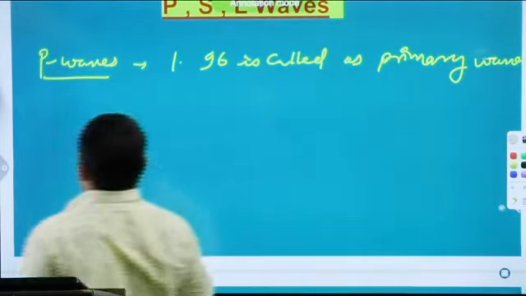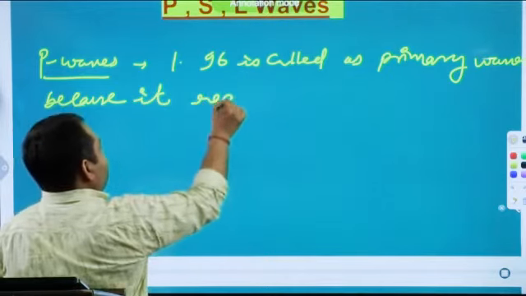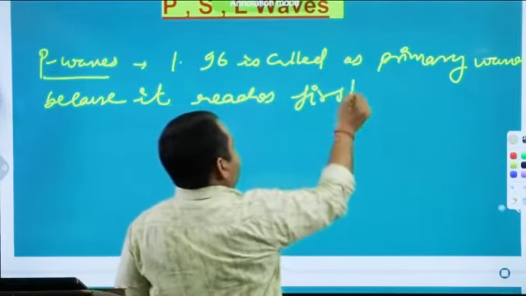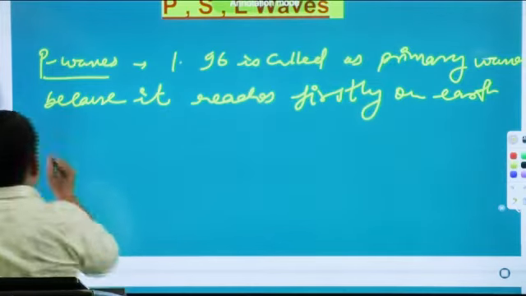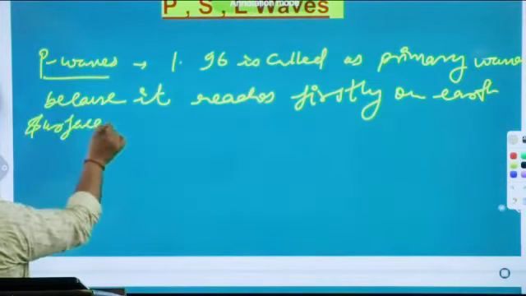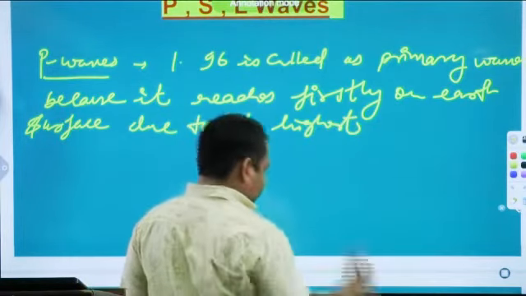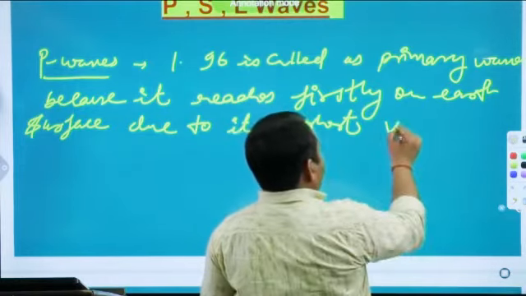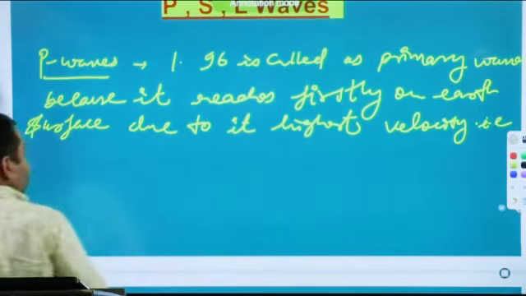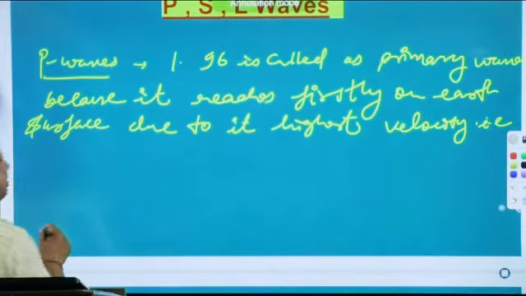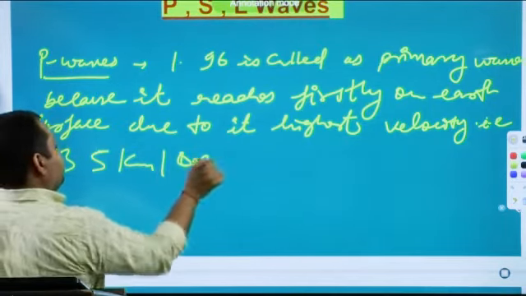primary waves, because it reaches the Earth's surface first due to its highest velocity, that is around 13.5 kilometers per second.